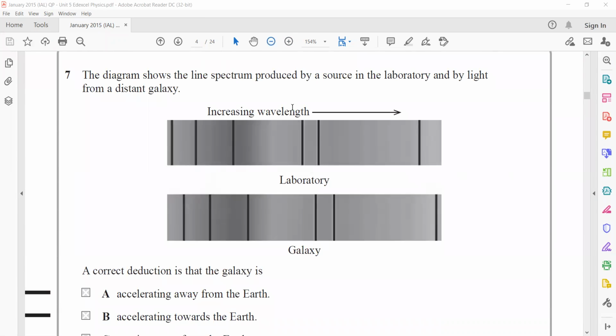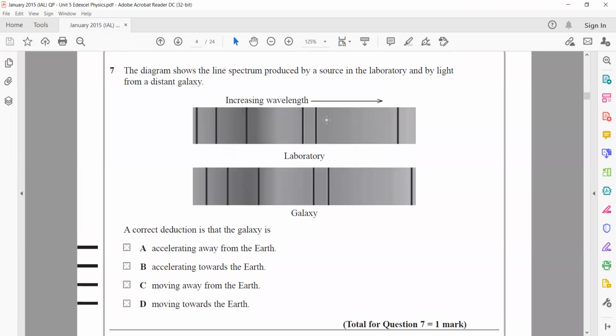Question 7. The diagram shows a line spectrum produced by a source in the lab and by light from a distant galaxy. A correct deduction. What we can see is that they have the same lines, but the wavelength increases. If the wavelength is increasing, according to the Doppler effect, the source is moving away.